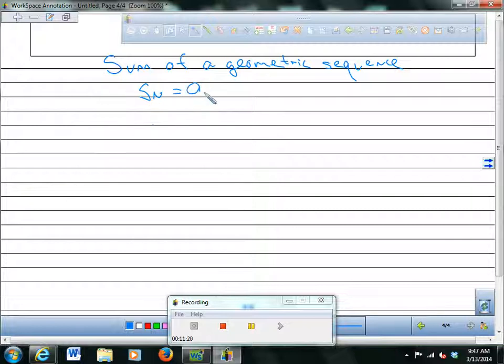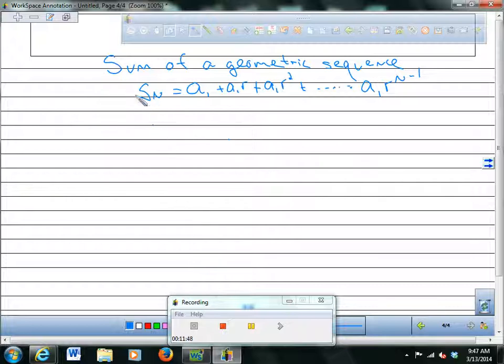So S sub n is equal to a sub 1 plus a sub 2 plus a sub 3, plus dot dot dot, which is a sub 1 plus a sub 1 times r, plus a sub 1 times r squared, plus dot dot dot until you get to a sub 1 times r to the n minus 1 power, right? If I were to sum up that sequence.